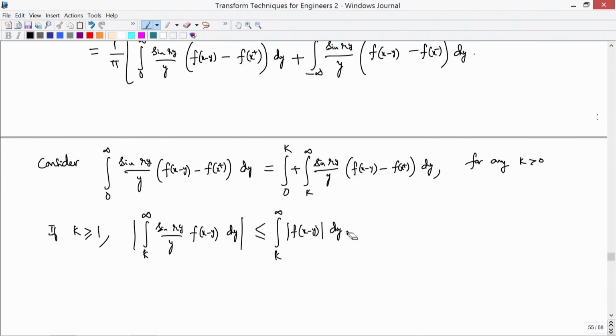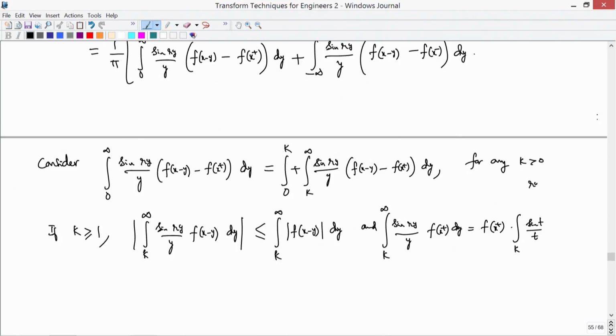The other one is simply the integral from k to infinity of sin r y by y f x plus dy. This is equal to f x plus comes out, and the integral is from k to infinity. Put r y as a t variable, so you get sin t by t.